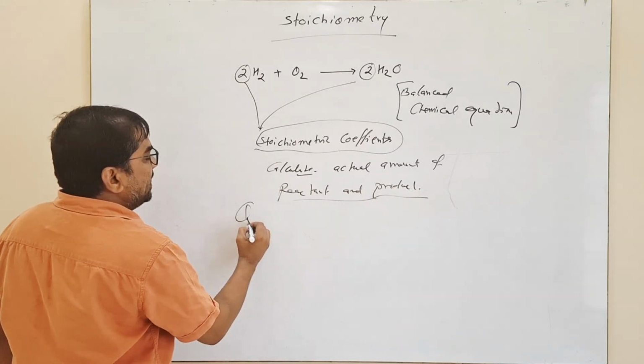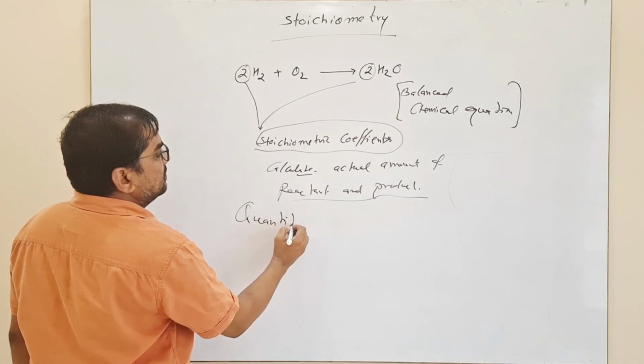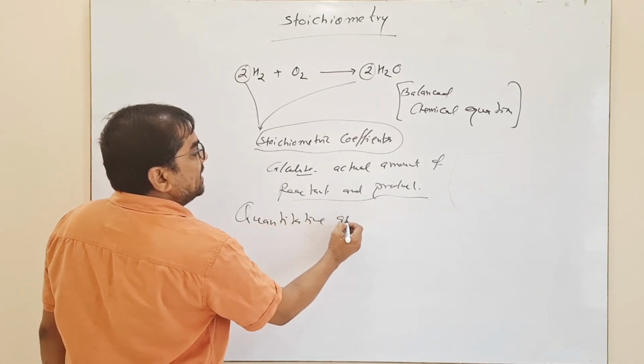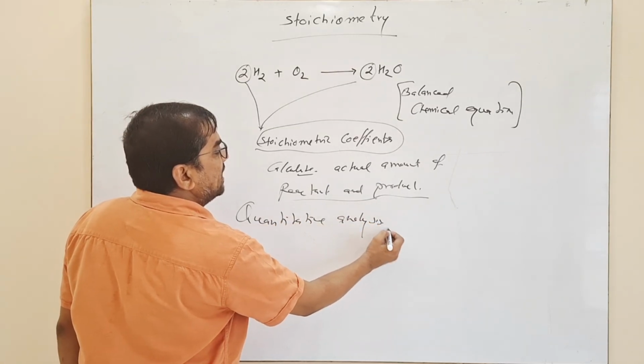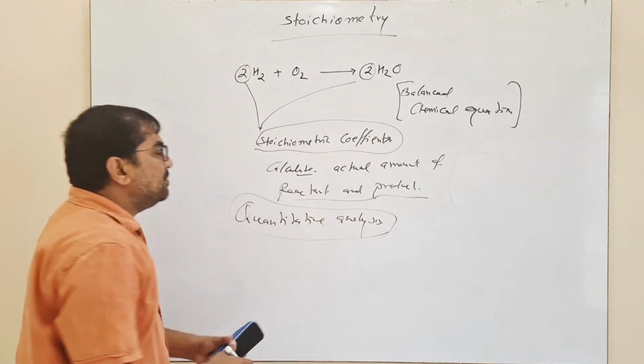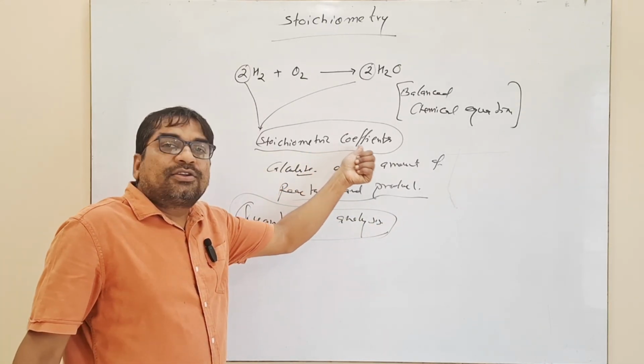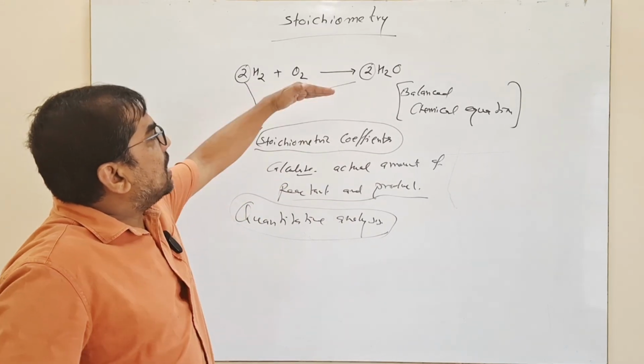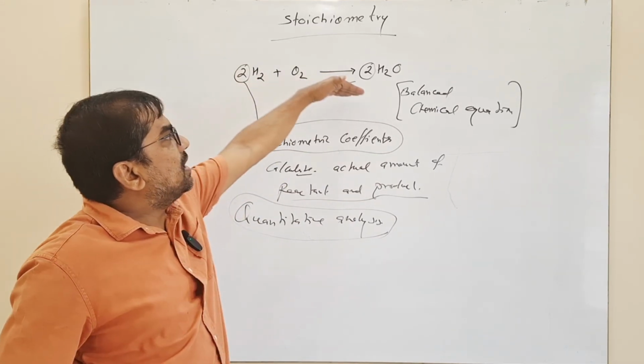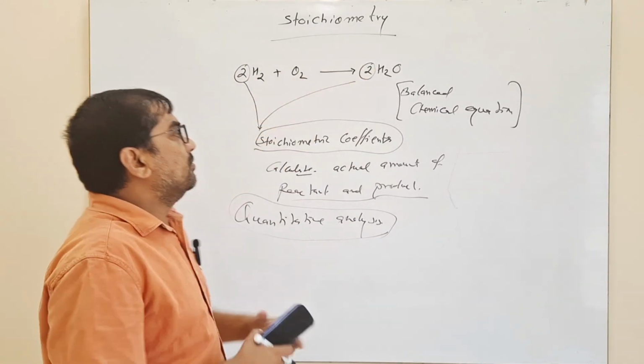So quantitative analysis of reactants and products can be found out with the help of stoichiometric coefficients. We can measure the amount used and the amount of the product formed.